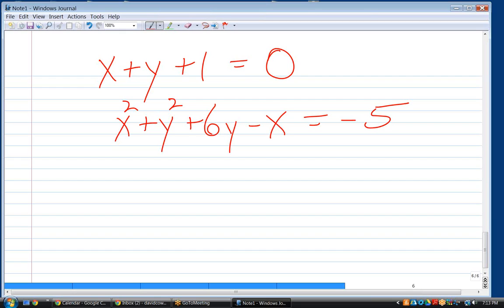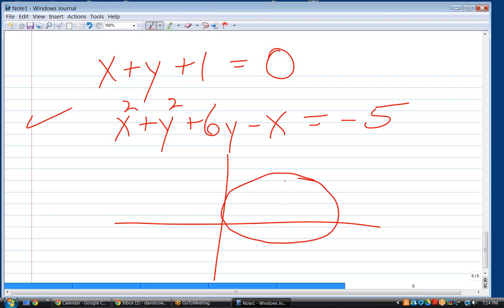Because this is the equation of an ellipse, and this is the equation of a straight line. So if I were to figure out how to graph that ellipse, it's going to be an ellipse that looks like that. And if I graph the straight line, it looks to be like that.